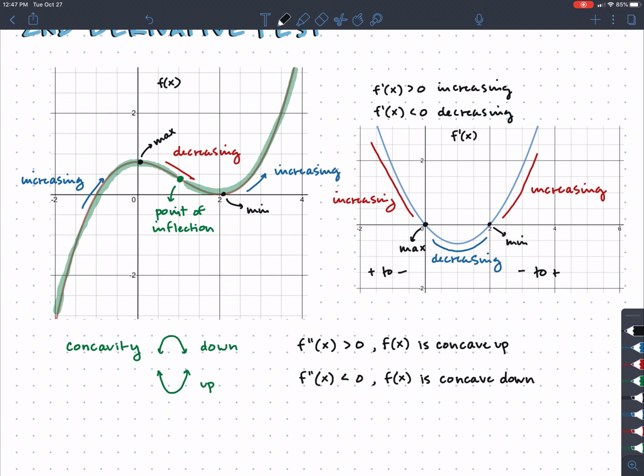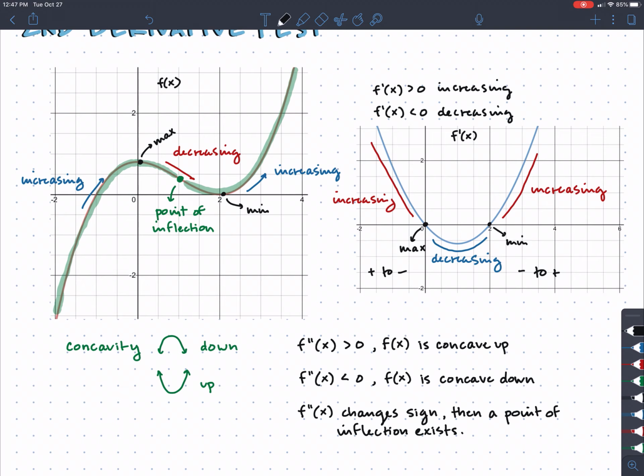If f double prime of x changes sign, then a point of inflection exists. So those three things are what we use the second derivative to find on f of x.